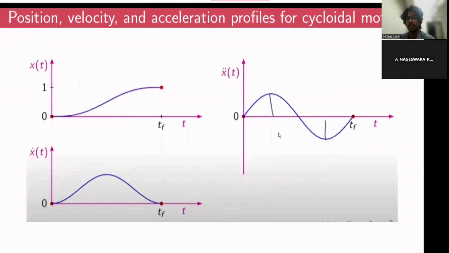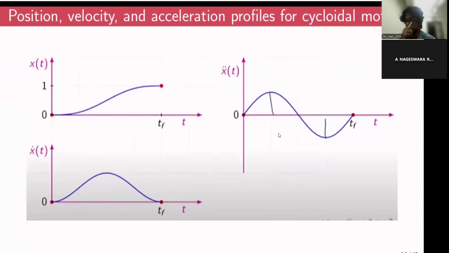And as I was saying earlier, since it has sine and cos terms, the velocities would be smooth, and acceleration similarly would also be very smooth because it only has sine and cos terms. So the derivative and double derivative would also be smooth, just like the position profiles.